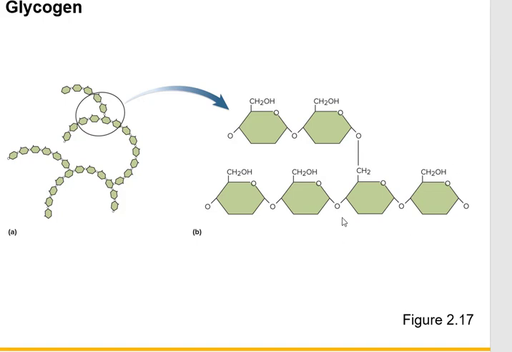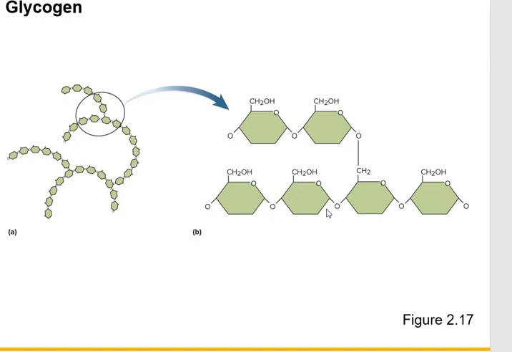Now what's interesting is if you're looking at this in a human, you call it glycogen, but if you're looking at this in a plant, you call it starch. So both plants and animals store glucose. We make it, store it, and we have it ready if we need it. So instead of having to synthesize a whole molecule, you just add a little water and get the sugar off that you need.